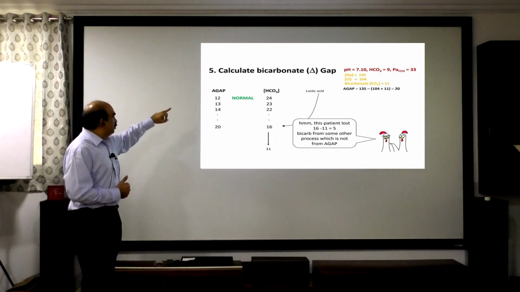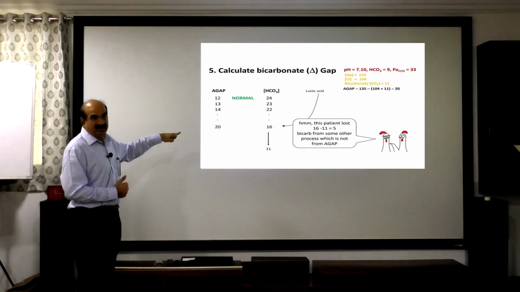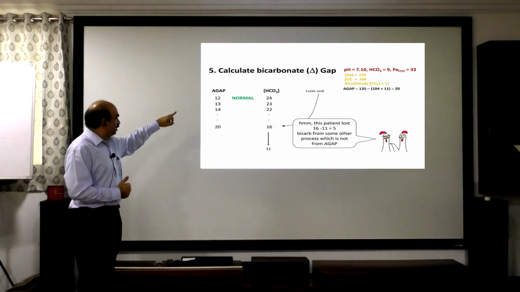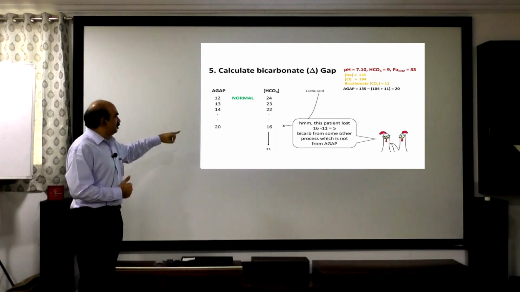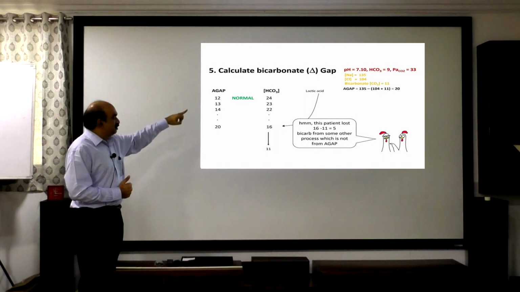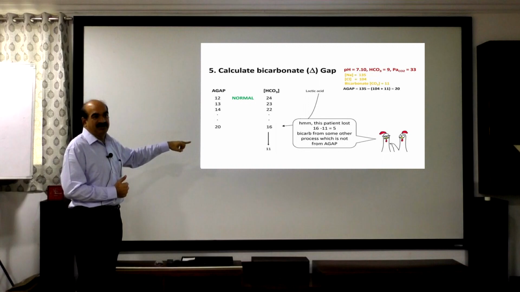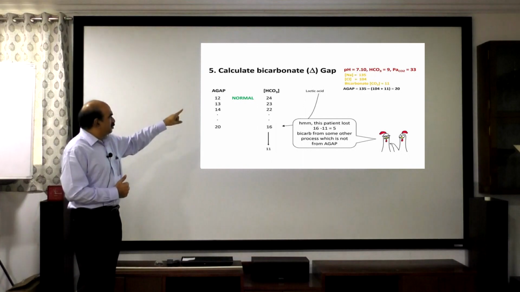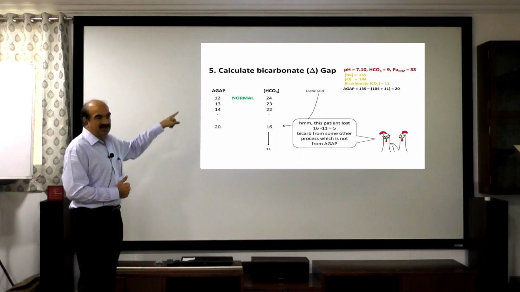So, if anion gap increases from 12 to 20, there is an 8 increase. Bicarb should decrease from 24 to 16. If it is pure metabolic acidosis, we expect bicarb around 16, because there is an increase in anion gap of 8.